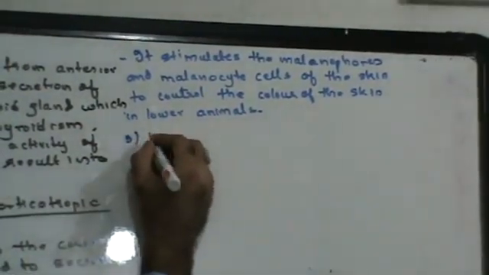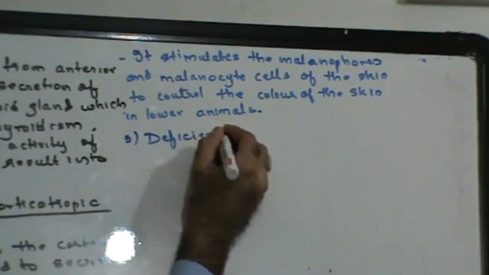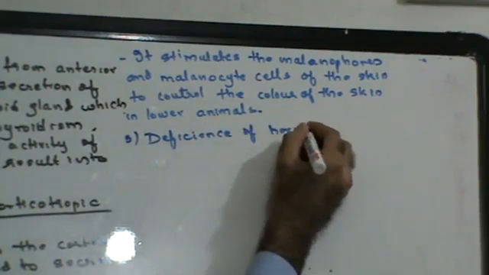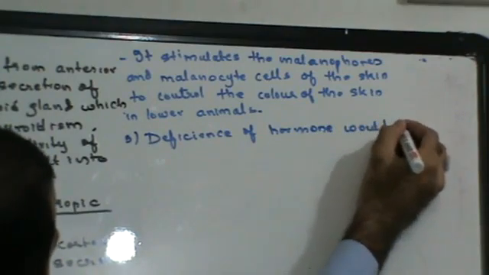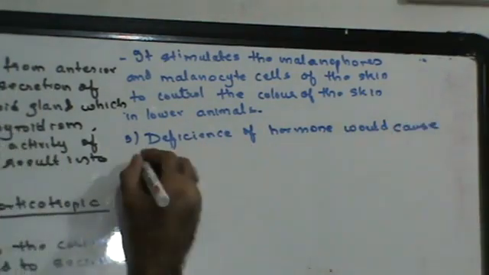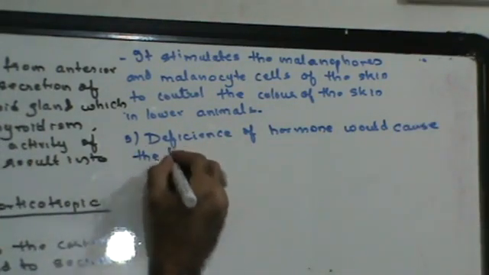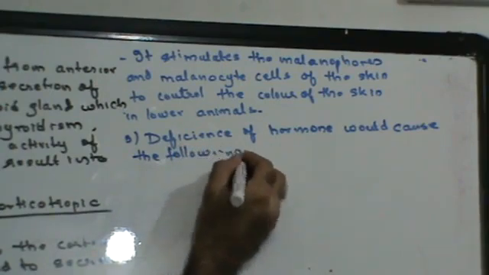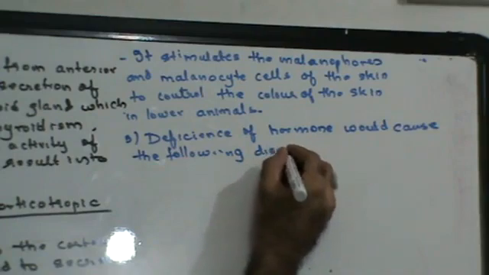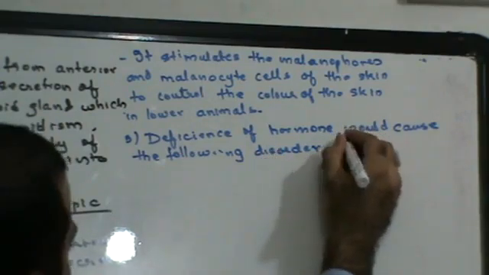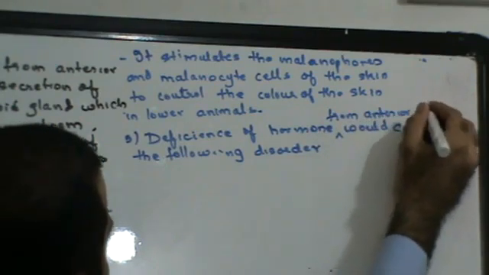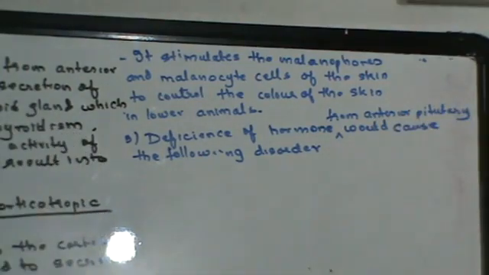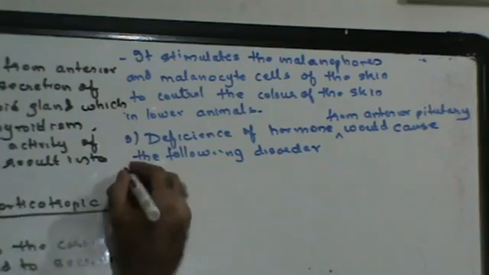Let's consider third, deficiency of hormones from anterior pituitary. So the deficiencies of hormone from anterior pituitary would cause the following disorders.